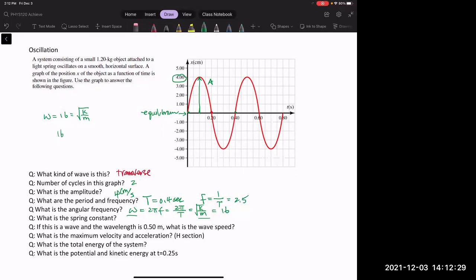So 16 squared equal to k over m, where m is 1.2. And k is something that you try to find. And with this, then you can find the result. So the k here is equal to what, 300?